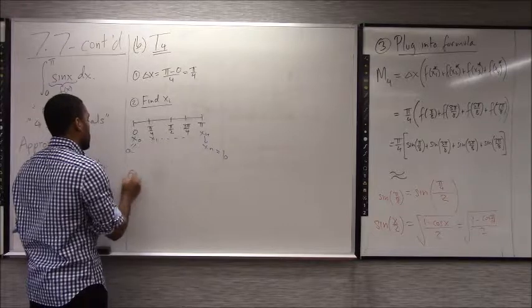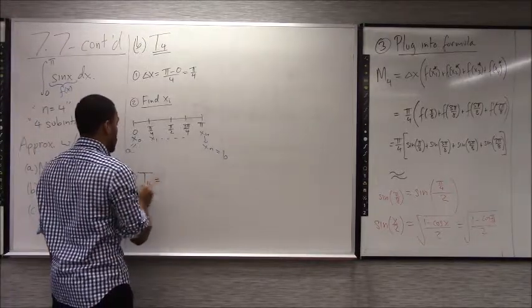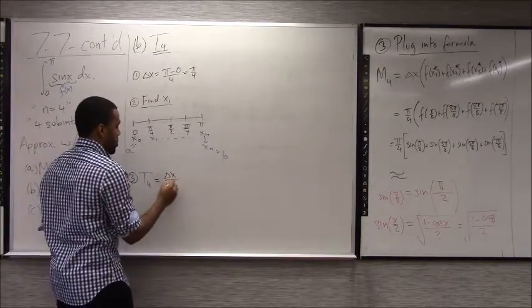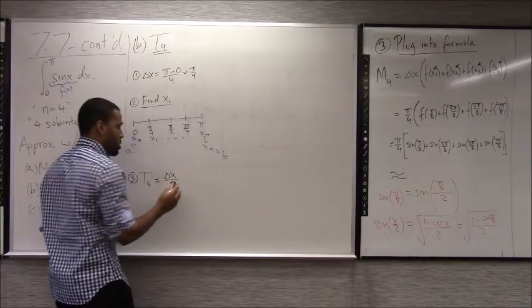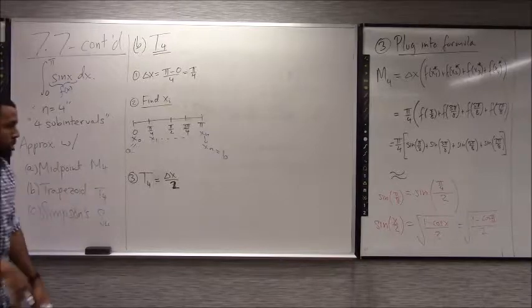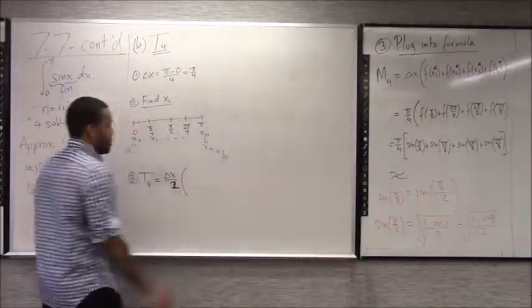So the third thing is now we're going to plug into that formula. T4 is going to be equal to delta x over 2, because you're using that trapezoid area formula: half the sum of the lengths of the two parallel sides times the distance between them.